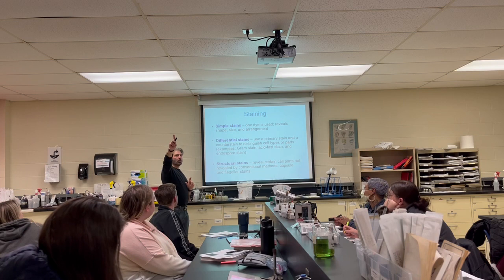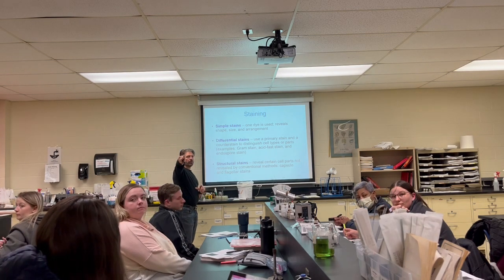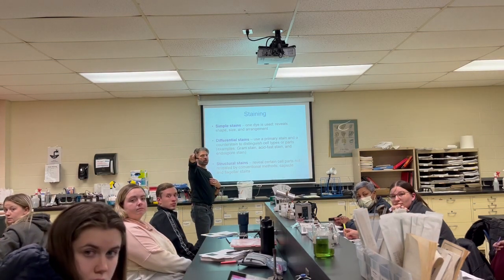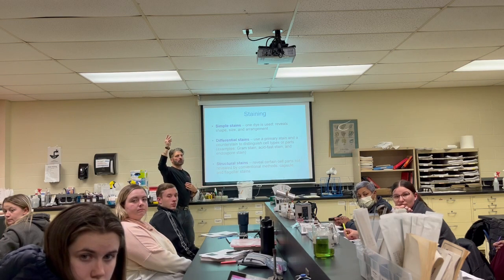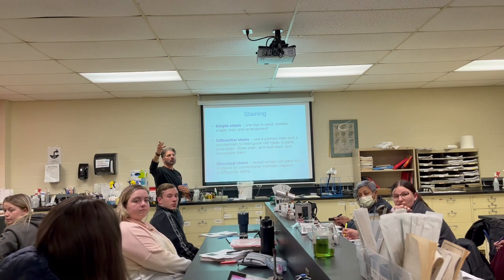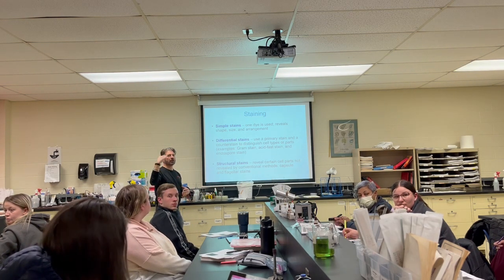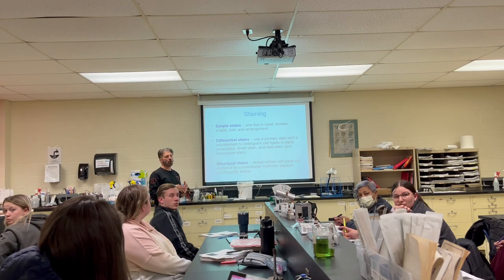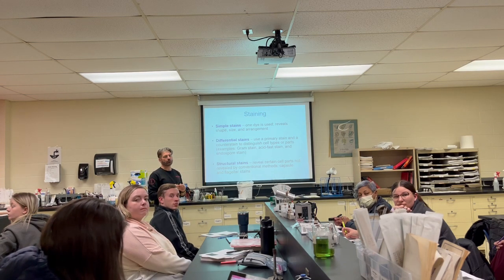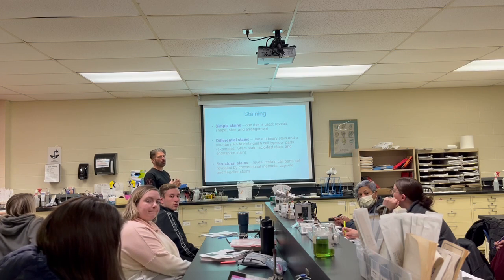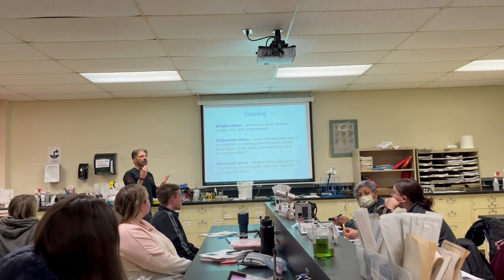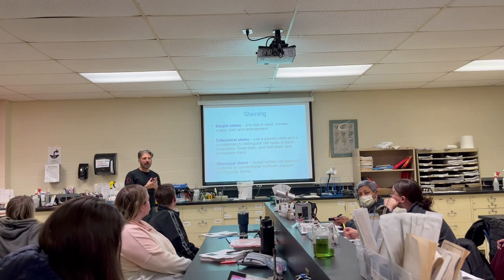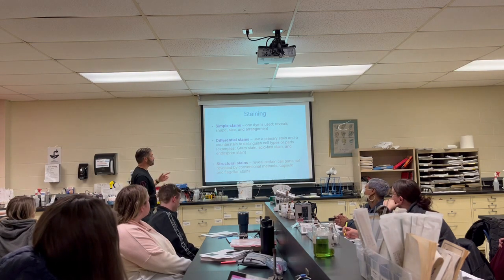Everyone see in the middle there, that cardboard looking thing with all those different bacteria shapes on it. With a simple stain we can tell the shape, but we don't know whether it's gram positive or gram negative, or the composition of the cell wall. At least we can say, is it a rod shape, is it a coccus shape, or whatever it happens to be.